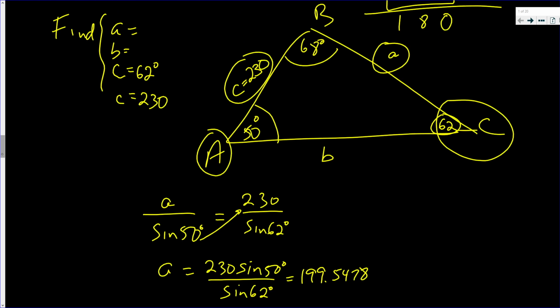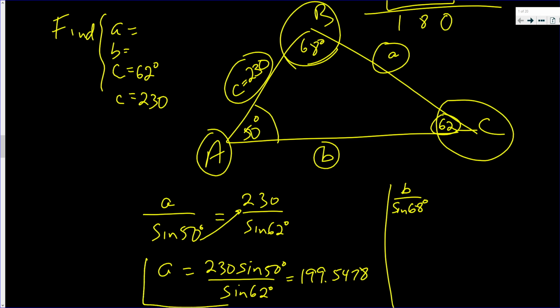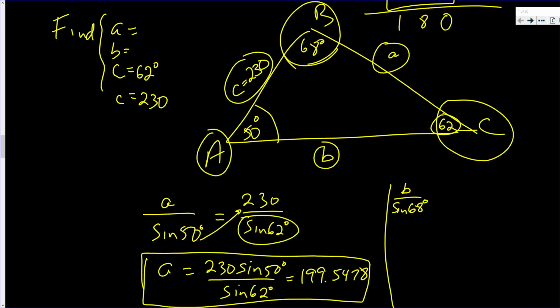Okay, so now let's find little b. We don't have little b, and we do have big B. Now, first of all, we got A by using the sine of 62 degrees. We could have made a mistake getting the 62 degrees.